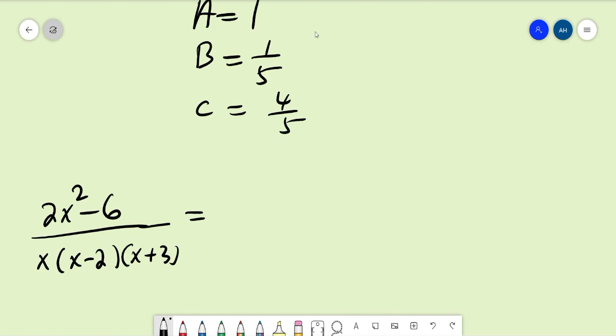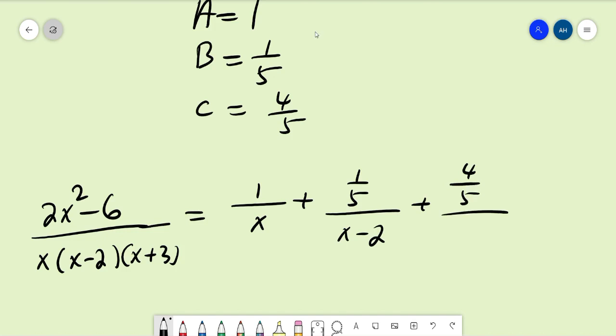This is equal to a, that is 1 over x, plus b, that is 1 over 5 over x minus 2, and plus c, that is 4 over 5 over x plus 3.